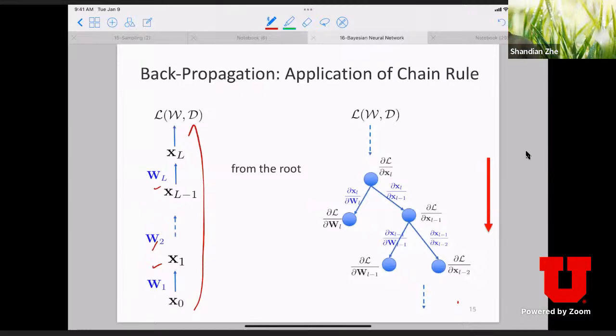So basically, you sequentially compute the partial derivative of your loss with respect to the neurons in each layer. And then you calculate the partial derivative of the neurons in each layer with respect to the weight matrices on those edges. Then you just apply the chain rule to calculate the partial derivative of the loss with respect to the weight matrices. That's it.